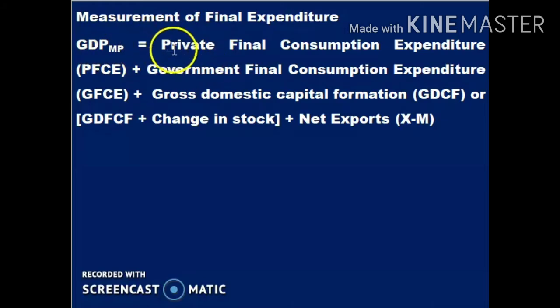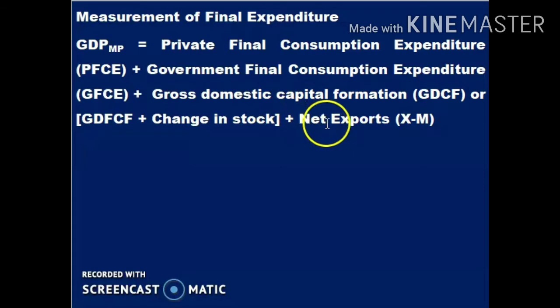Private final consumption expenditure PFCE plus government final consumption expenditure GFCE plus gross domestic capital formation GDCF, or if it is not given, GDFCF, to which you add the change in stock to get GDCF.